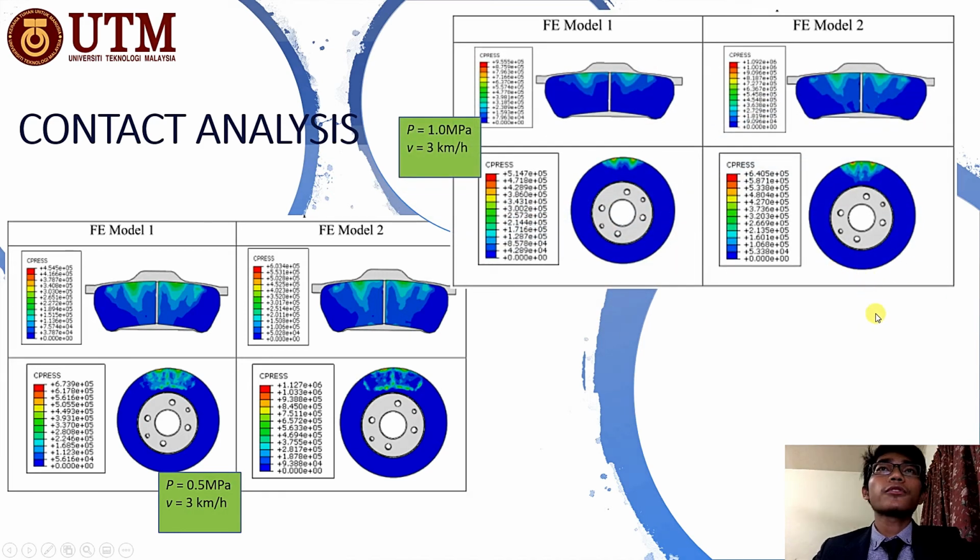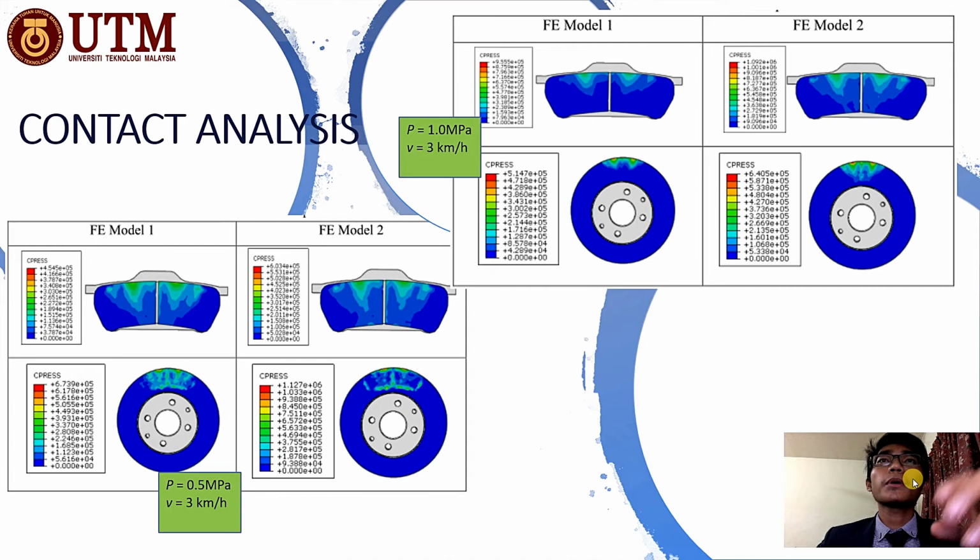Next is for the pressure of 1.0 megapascal and also velocity of 3 km per hour. The pressure exerted on the surface of the brake pad is 1.09 megapascal for FE model 2 and 0.955 for FE model 1.